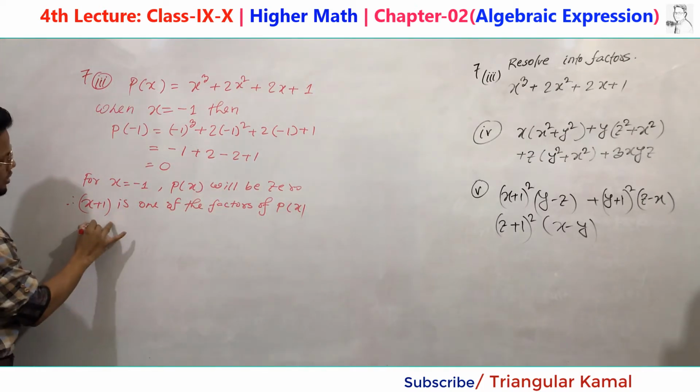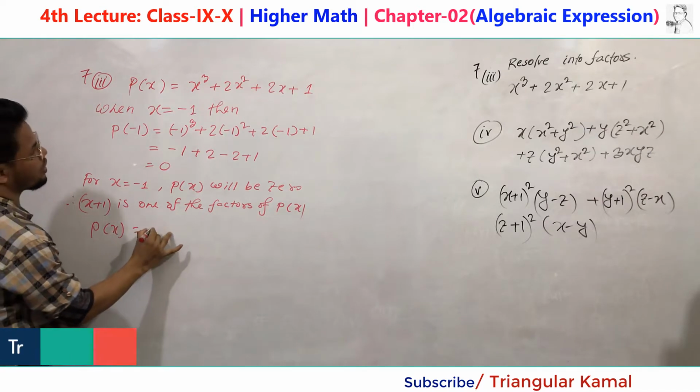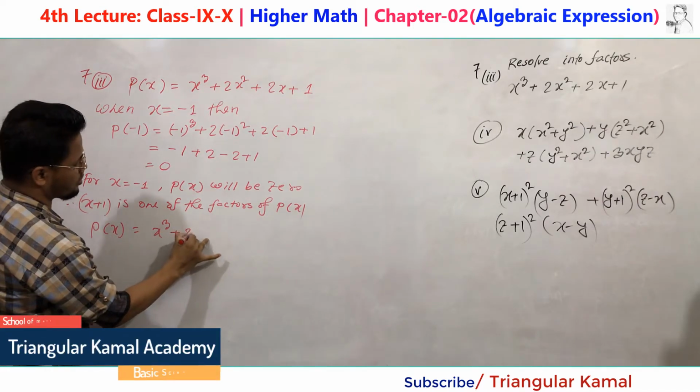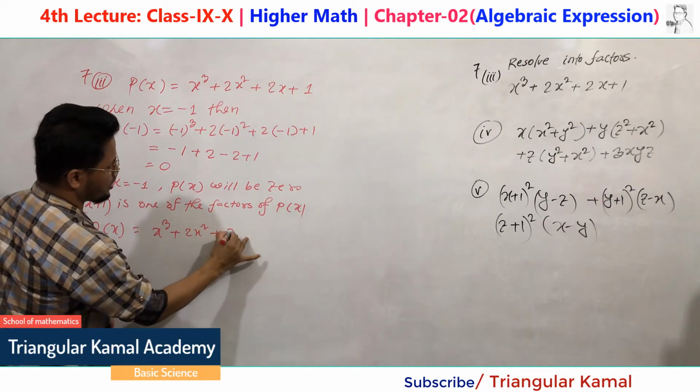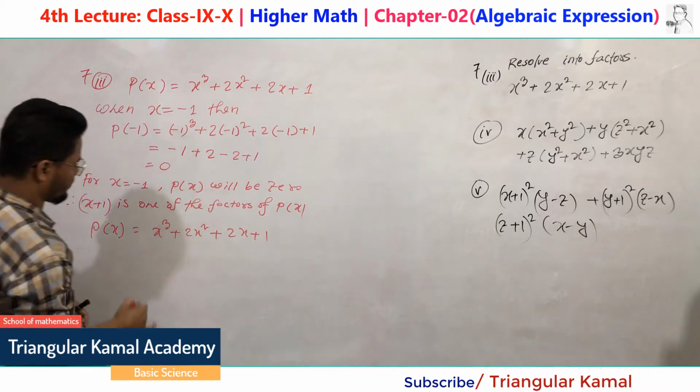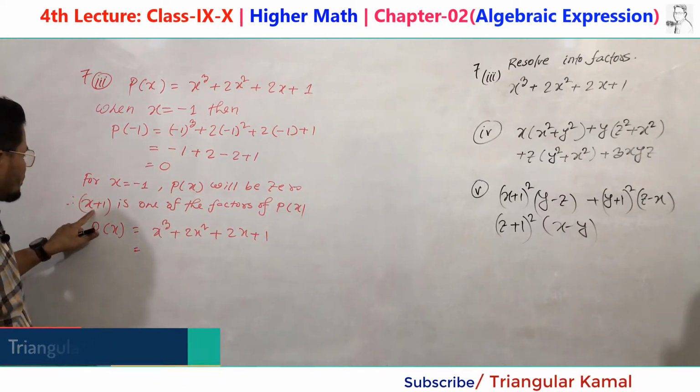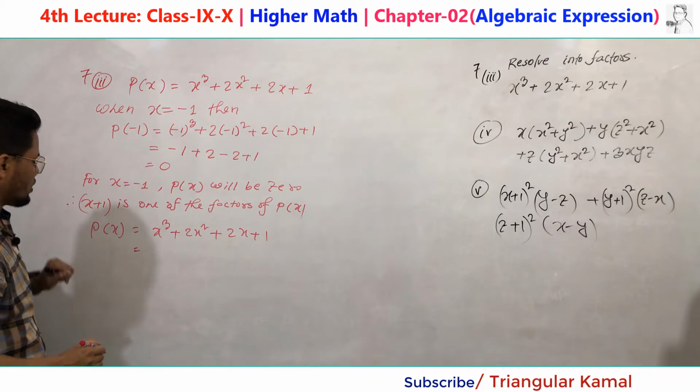So now write p of x equal x cube plus twice x square plus twice x plus 1, where one factor is x plus 1.